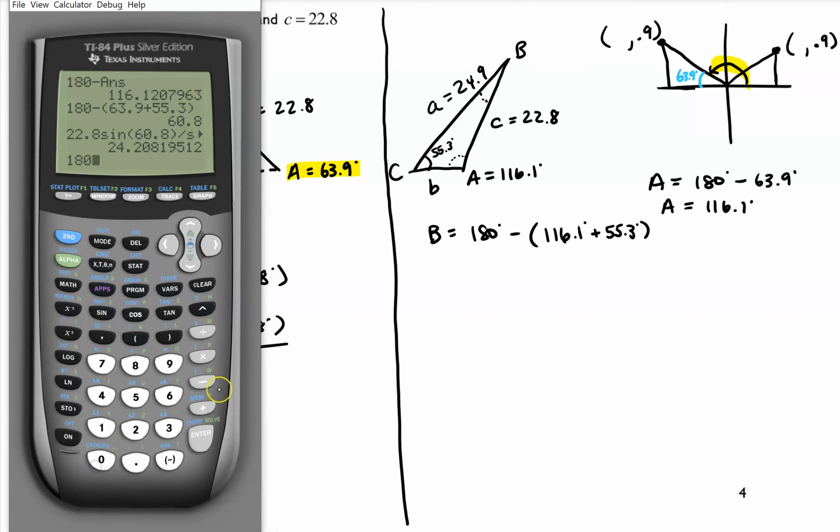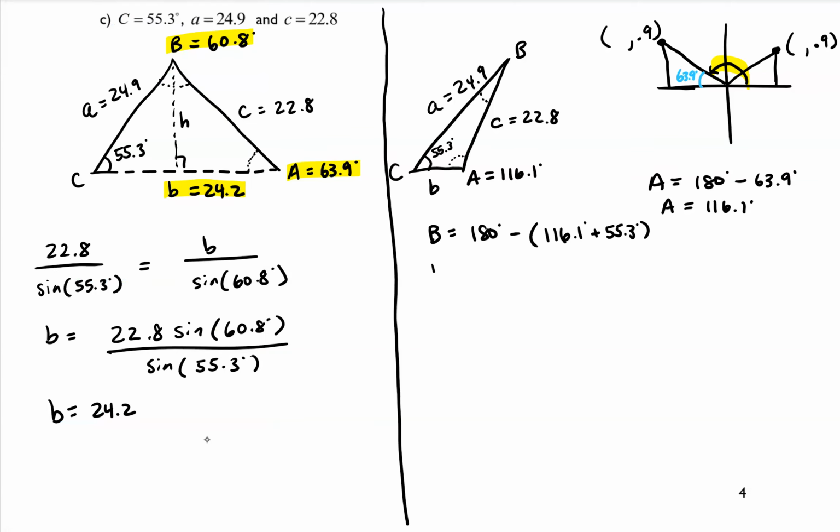So 180 minus 116.1 plus 55.3. Oh, that's a small angle. So B equals 8.6 degrees. Now that we have that information, we just need to figure out the side length b.